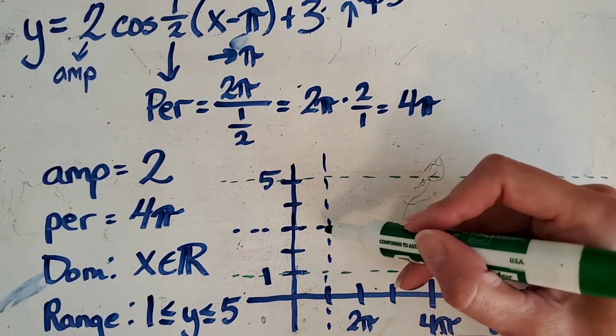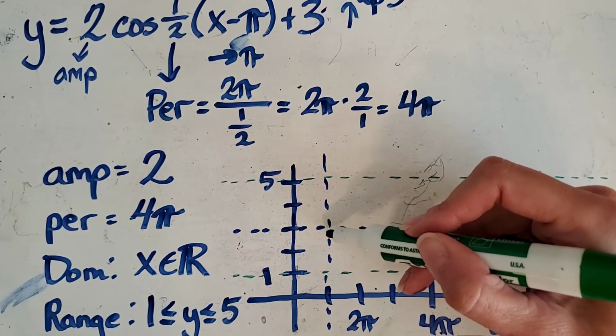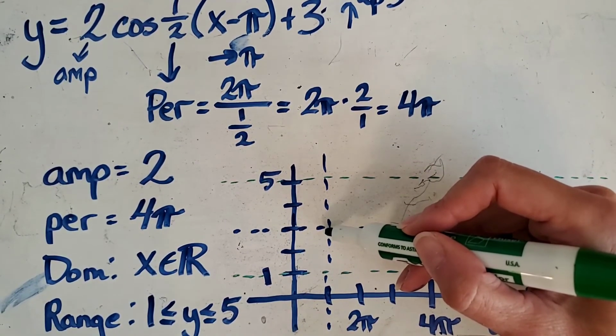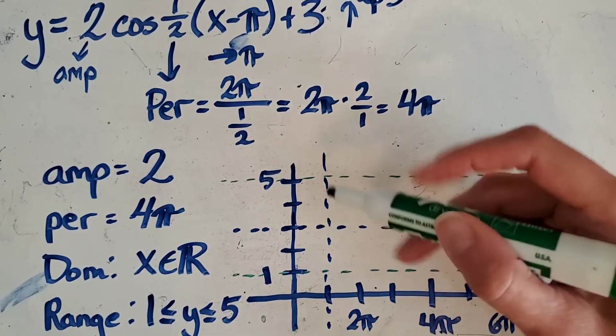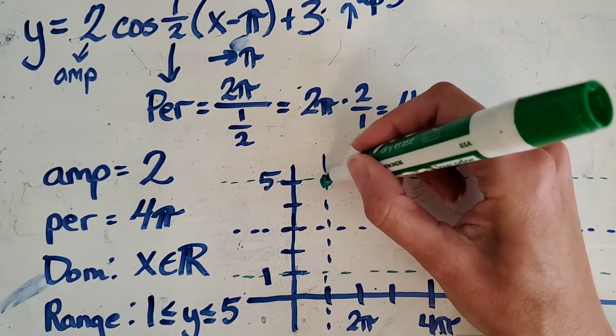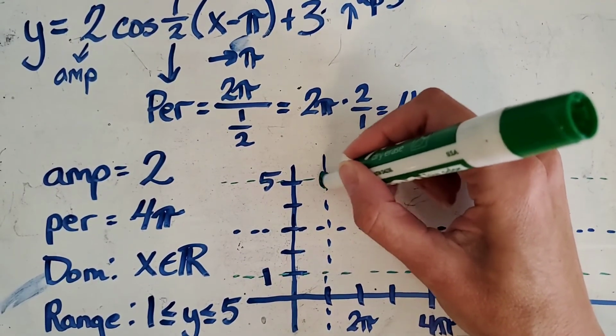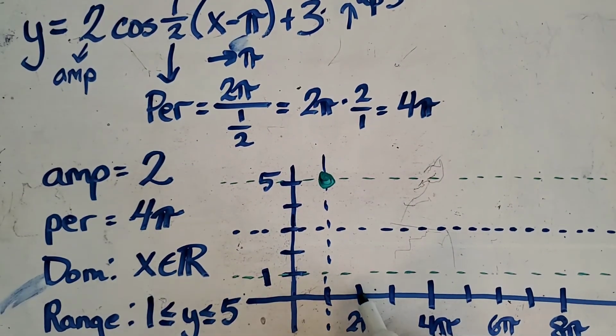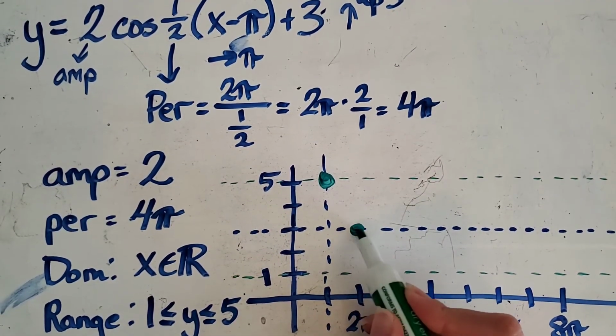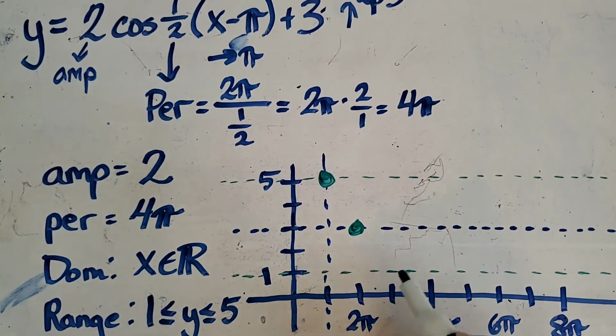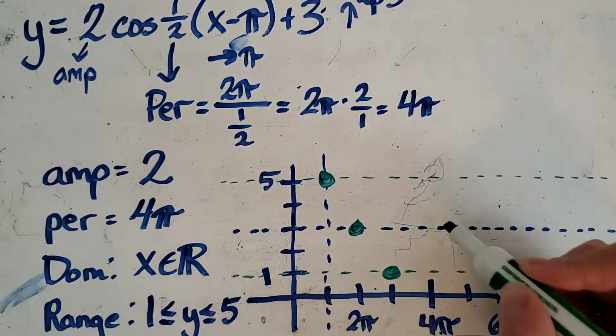That means right here at the intersection of those two shifting lines, I need to begin at a maximum. That means I'm going to begin up here at 5. That's the maximum. And now every quarter point is where I put those minimums, maximums, or zeros.